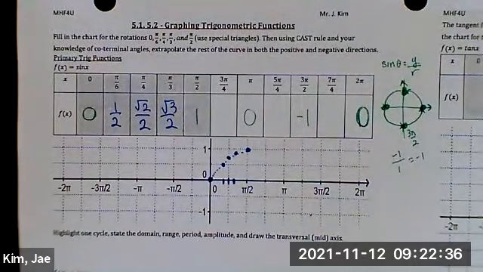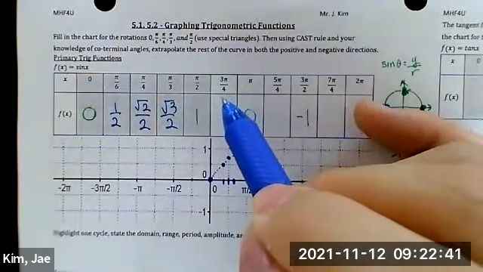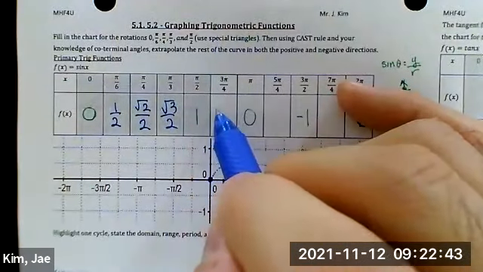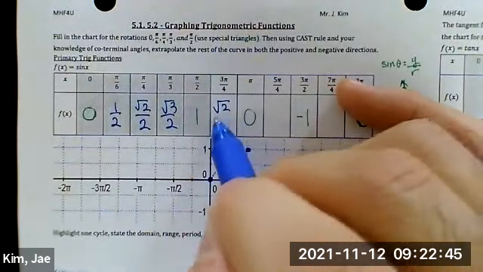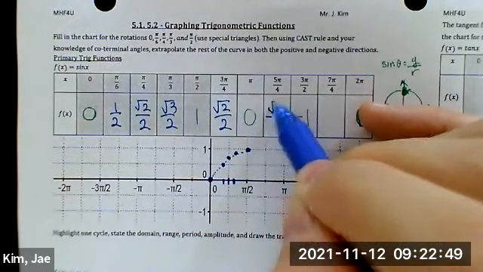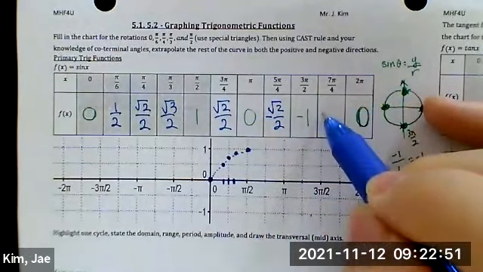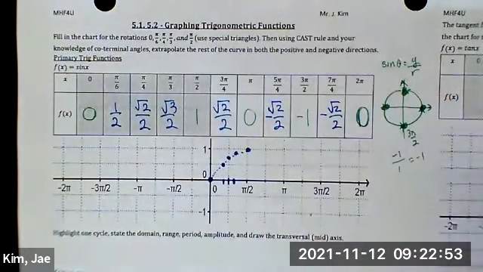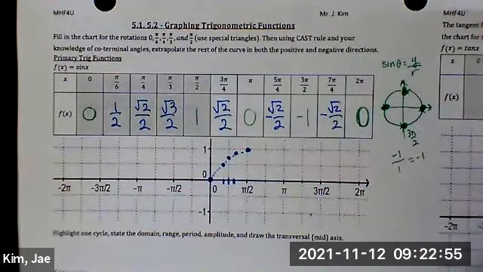And with your knowledge of circles, consider what happens next. 3 pi over 4, you plug that into the calculator, or you use the CAST rule, you will get √2 over 2, then a 0, and then you'll get negative √2 over 2, and then -1. You get -√2 over 2, and you get 0.